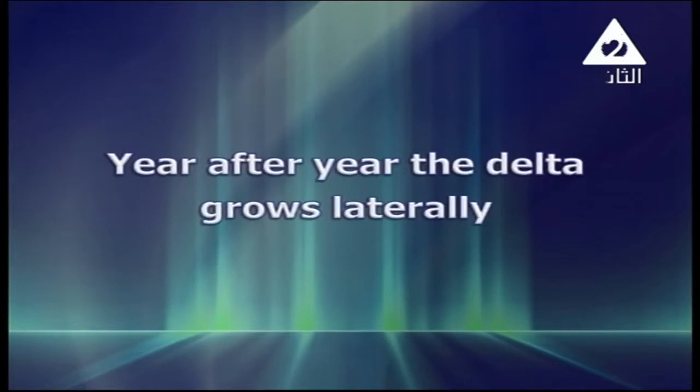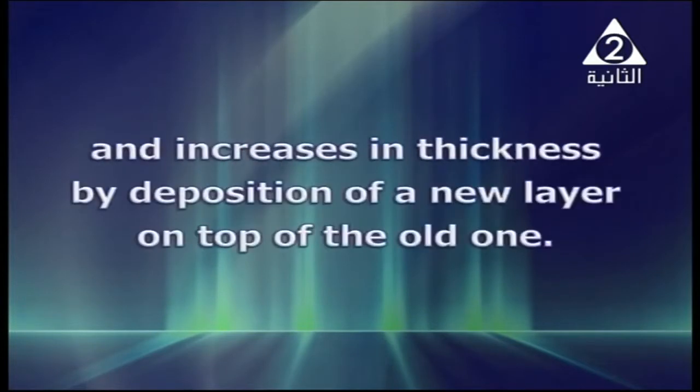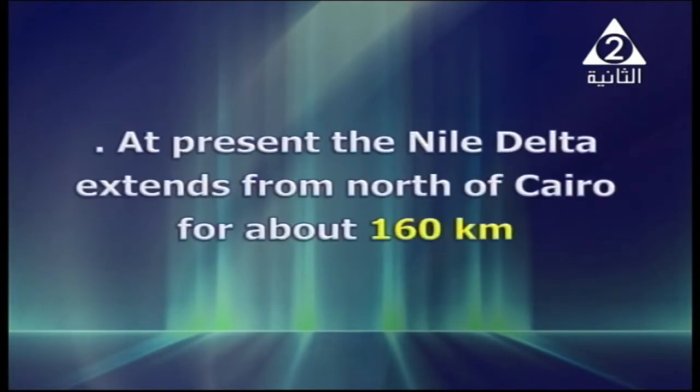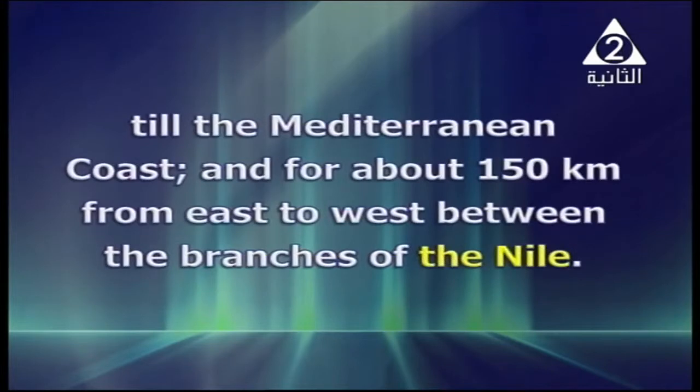Year after year, the delta grows laterally and increases in thickness by deposition of new layers on top of the old ones. At present, the Nile Delta extends from north of Cairo for about 160 kilometers till the Mediterranean coast and for about 150 kilometers from east to west between the branches of the Nile.